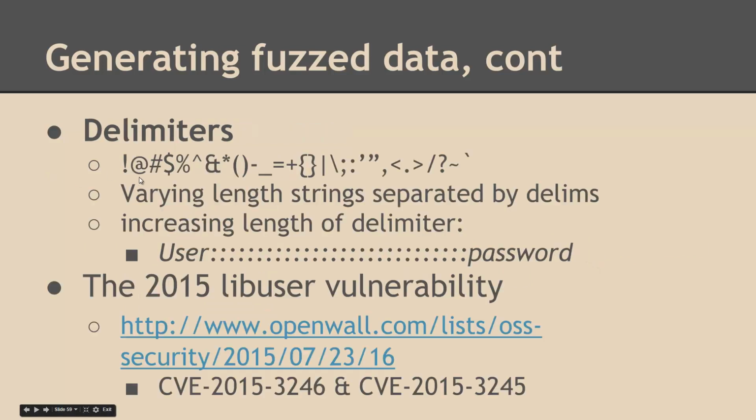But more interesting than that, these cases, delimiters make things go wrong more often. So all of these special symbols you could think of are a delimiter in some language or another.